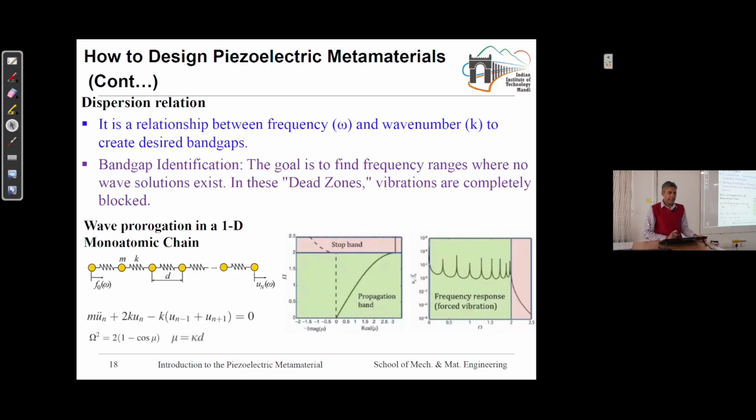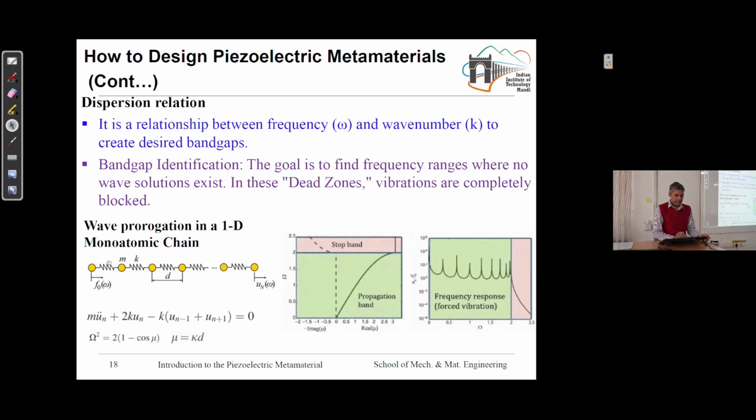Now the dispersion relations. As I mentioned, the dispersion relation is the relationship between frequency and wave number. We should have a detailed idea about this relation, that is, which frequencies are stopped because of the periodicity, and which frequencies we want to stop again with the help of resonance, for example with the help of piezoelectric material.